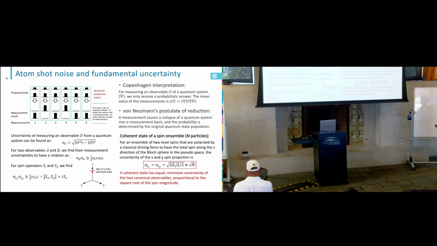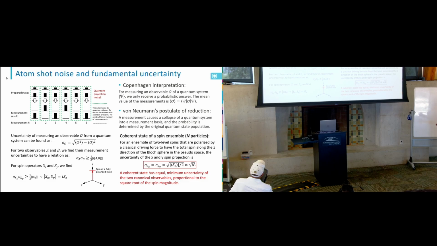And then the second thing is the von Neumann postulate of reduction. Simply saying, if you have a quantum state with some kind of probability population, when you measure it, it will collapse into the eigenstate of your measurement. Measurement can be treated like an interaction Hamiltonian, and when you measure, it dominates the entire Hamiltonian, and the eigenstates of that measurement Hamiltonian give you the collapse into those eigenstates.